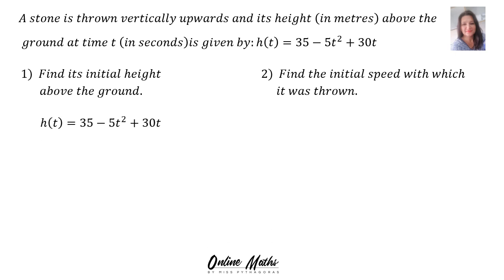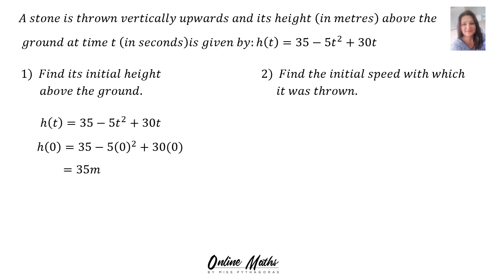There is the height equation. Initial height means at time equals 0. Therefore, in t's place, we substitute 0 everywhere we see a t, and then the initial height will be 35 meters.